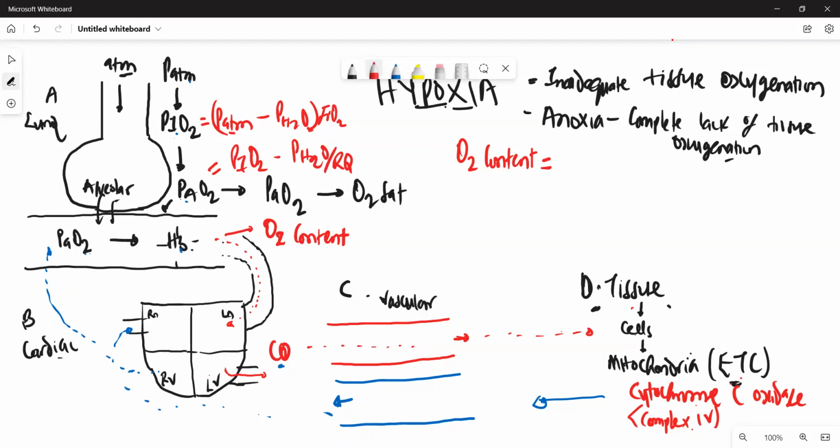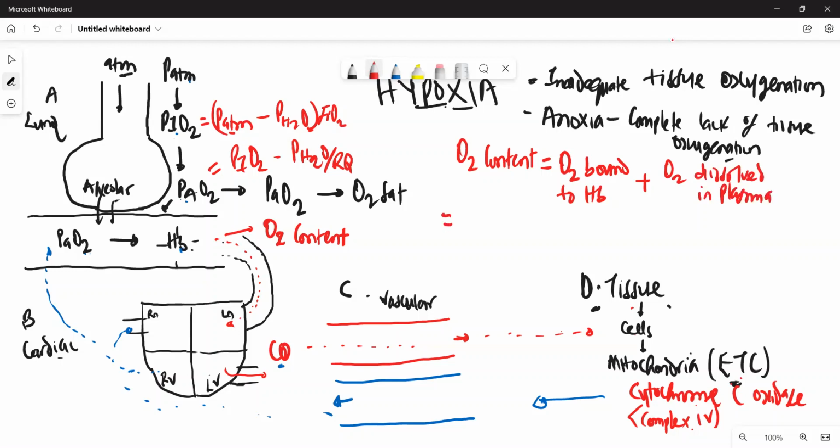So this is going to be equal to the oxygen that is bound to hemoglobin plus oxygen dissolved in plasma.